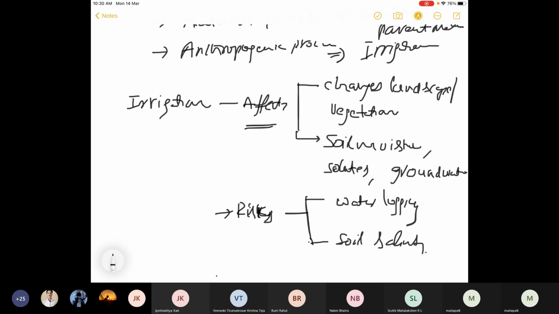So the effects: when you irrigate, it's going to change the landscape and vegetation. For example, you're sitting right at the Nalanda top floor, and if you look towards this side, there are a lot of agricultural fields, plots, and you feel a very nice breeze coming. Assume that there is no crop field at all over there. The entire aesthetic sense will be different, right? So that's the contribution from irrigation.